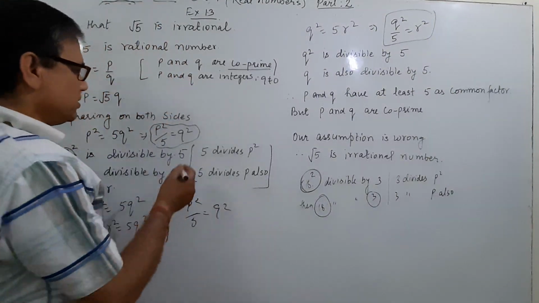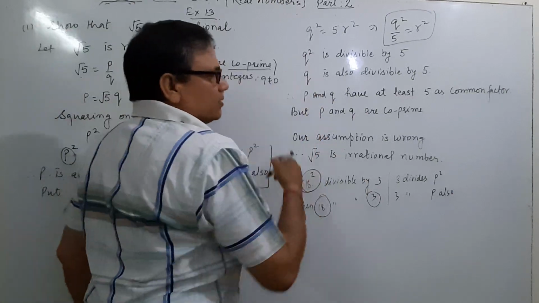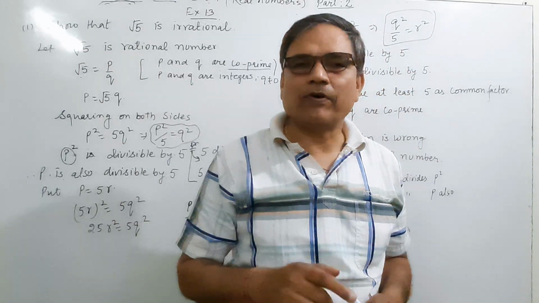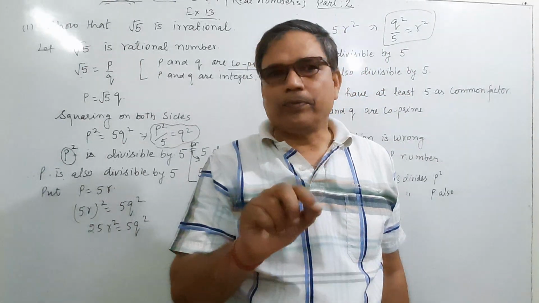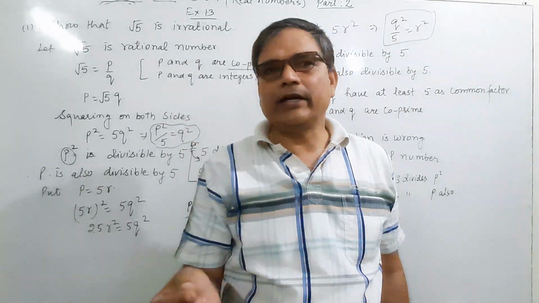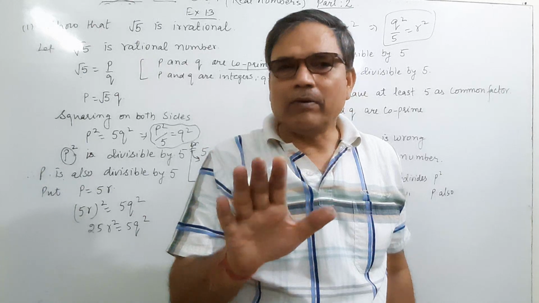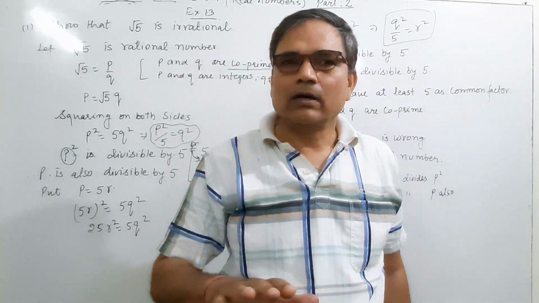Both statements are right. It means p is divisible by 5, q is divisible by 5. It means p and q both are multiples of 5, both divisible by 5.